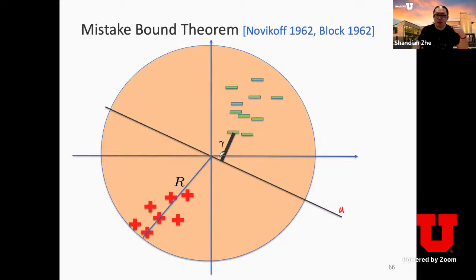Now we can use this range R and the separating distance gamma to construct an upper bound of the number of mistakes the perceptron makes. No matter in whichever order you feed the training examples to our perceptron, the maximum number of mistakes it makes before it finds a separating hyperplane is always upper bounded by this.